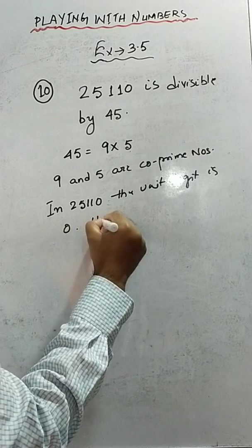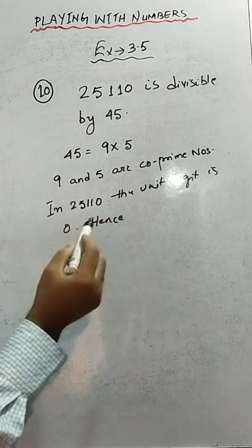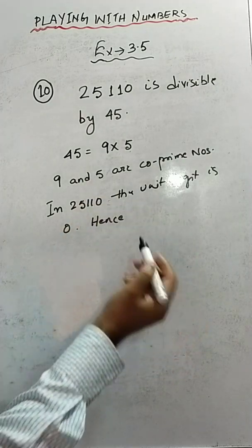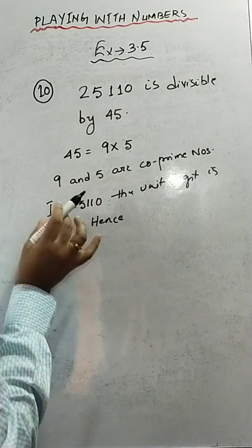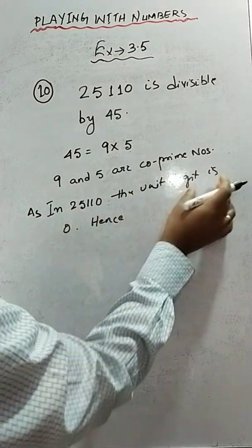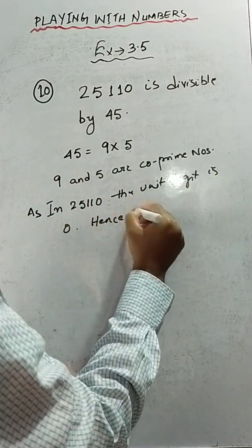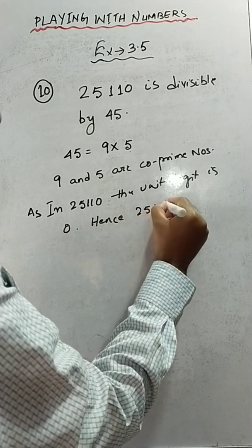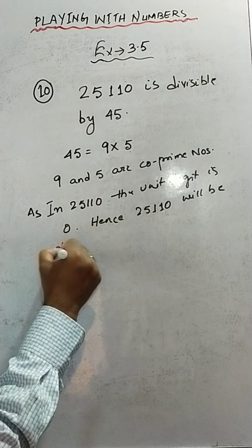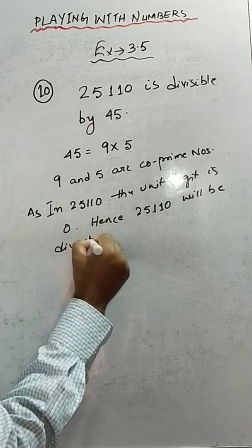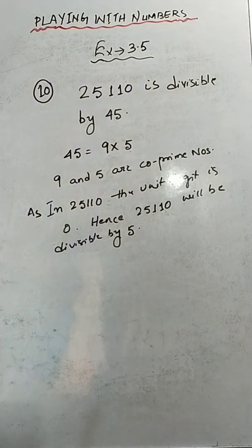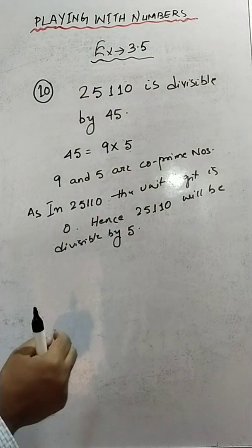Hence we know that any number which ends with 5 or 0 will be divisible by 5, isn't it? So as in 25110 the unit digit is 0, hence 25110 will be divisible by 5. Fine. So it is quite clear that this number is divisible by 5.